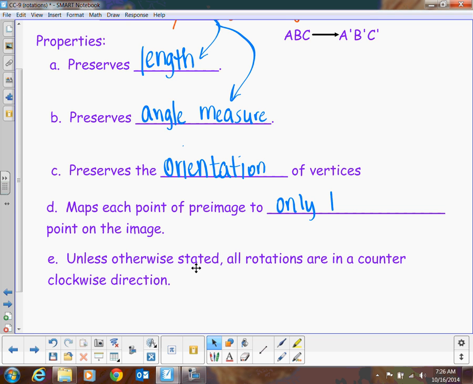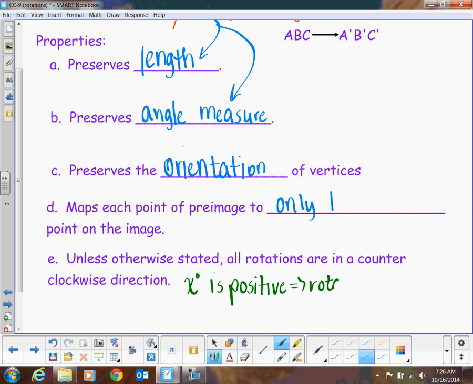Unless otherwise stated, if it's not stated, rotations are in a counterclockwise direction. But I want to go a little bit further. If x degrees is positive, you rotate counterclockwise.